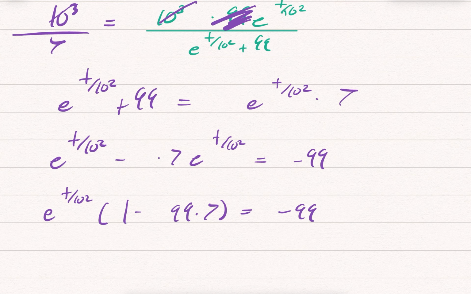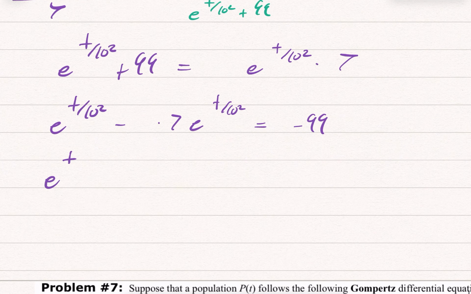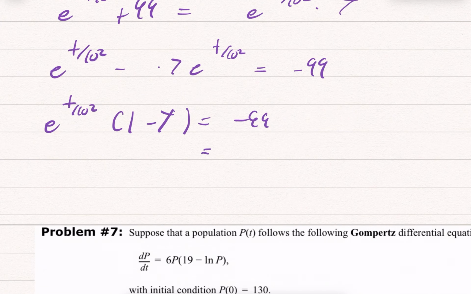So then you bring that part over, and now you'll get e^(t/10^2), sorry about that, times 1 minus 7 equals negative 99. You're going to get 33 over 2.